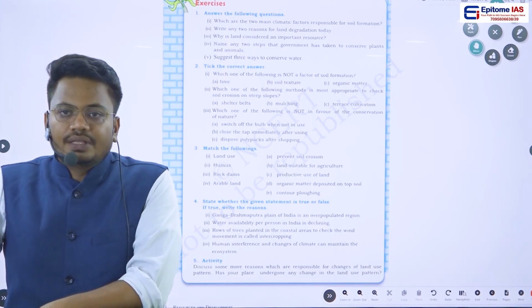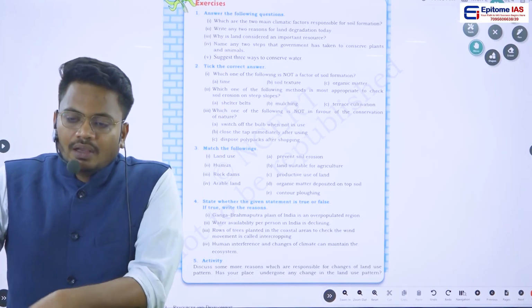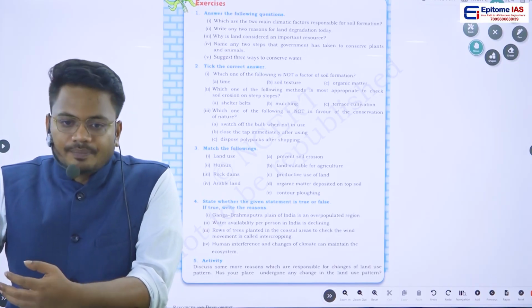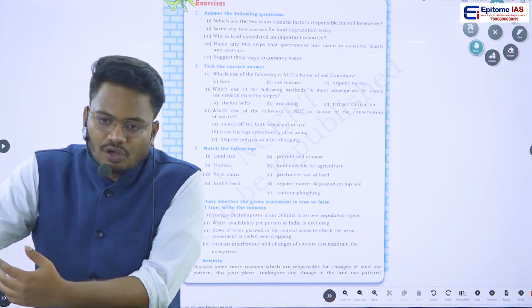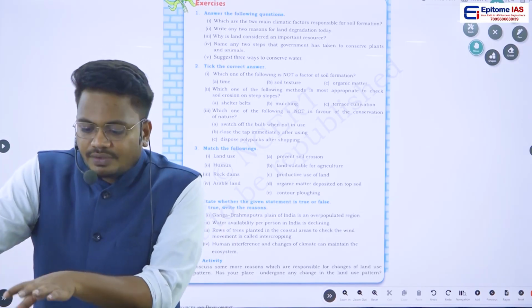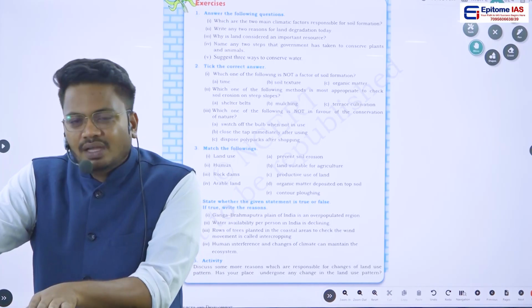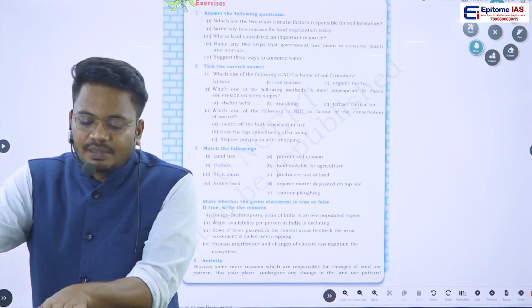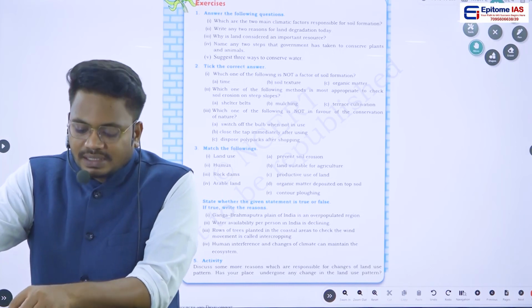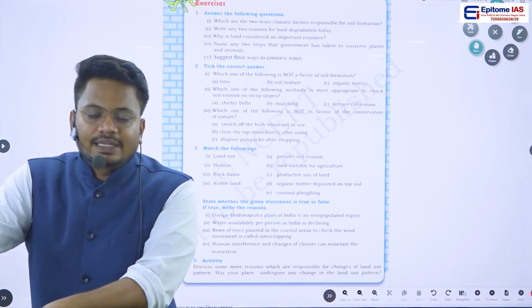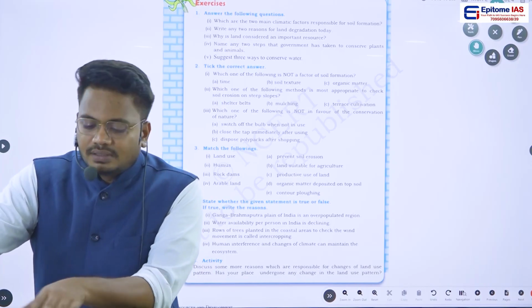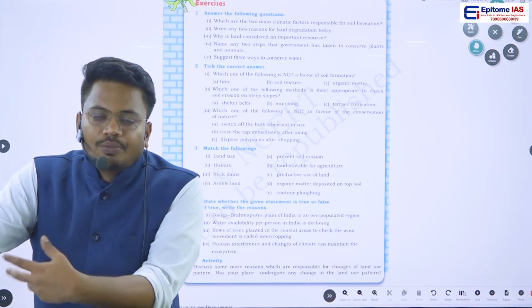From an individual perspective, we should stop abusing the forest and stop abusing the wildlife. And the government also should come up with certain activities which can be used as conservation methods or techniques.